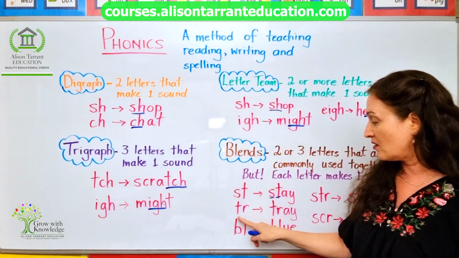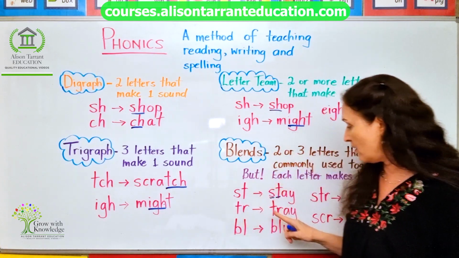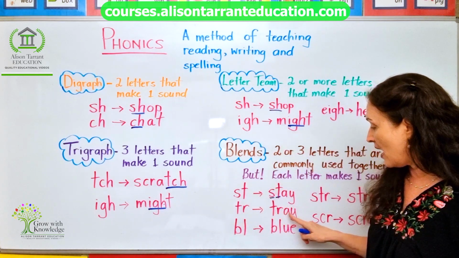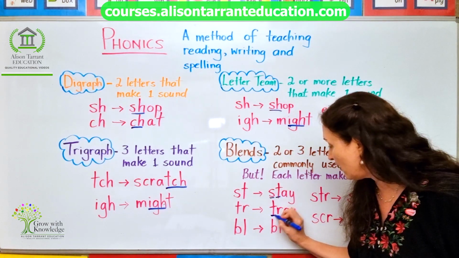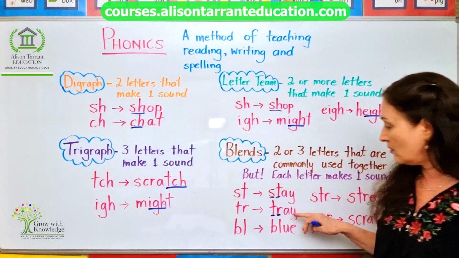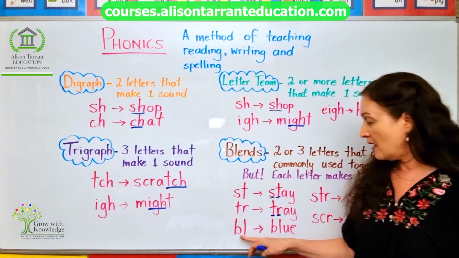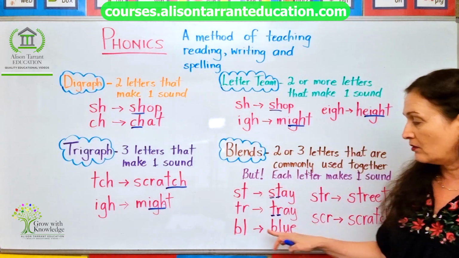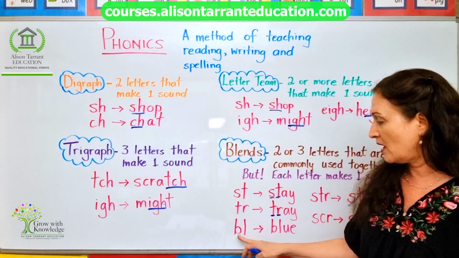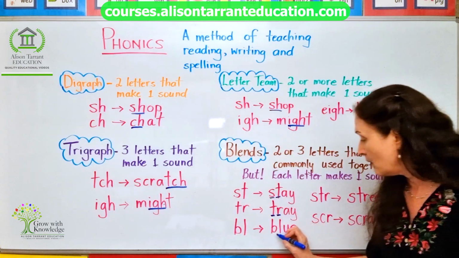And the same with this. T, R, it's 2 sounds. So we have T, R, A, as in tray. So we have 1 sound, and A. T, R, A. And then with BL, it's once again a blend. It's not a digraph. So we have blue, blue.